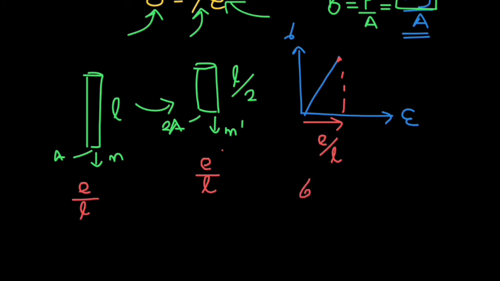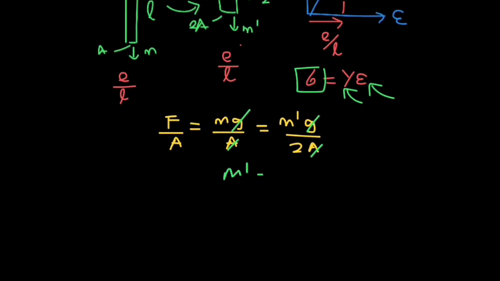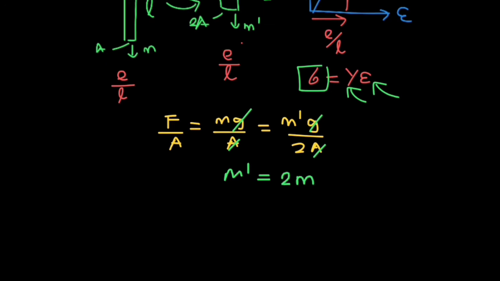Stress is equal to Young's modulus times the strain. They have the same strain, same Young's modulus. Therefore, the required stress is also the same. In the initial case, the stress is force over area, and that is mg over A. In the second case, it's m dash g over 2A. So let's simplify for m dash. You have m dash equal to 2m. So if the question was something like this, then you would have required a mass of 2m to attain the proportional limit.